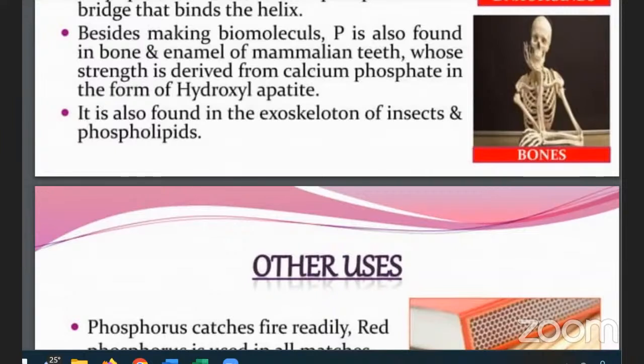It's a main component in all the biological compounds, and at the same time it is present in almost all the minerals. You have limestone, you have different kinds of coal, for example. So organic and inorganic compounds are made up of carbon. Let us have a look at it if it's possible.